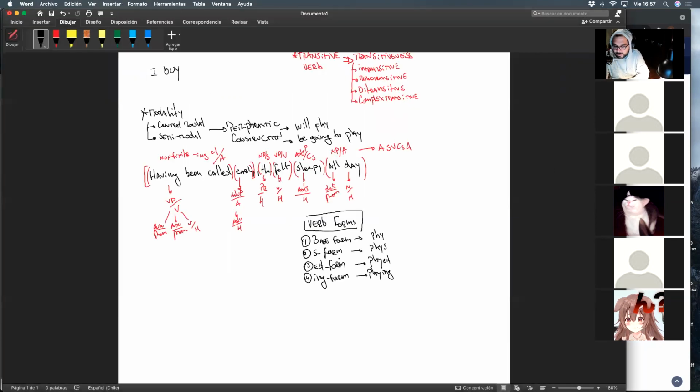I would say the following. A verb is considered to be finite when it is used to represent any of these names. Present simple, if you say present simple, you're saying present tense, right?